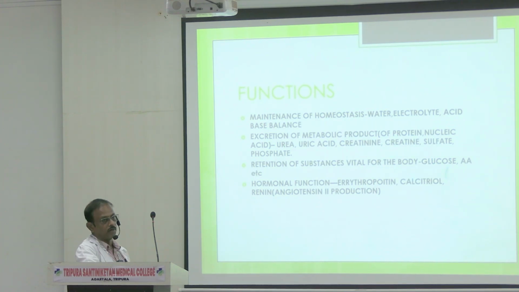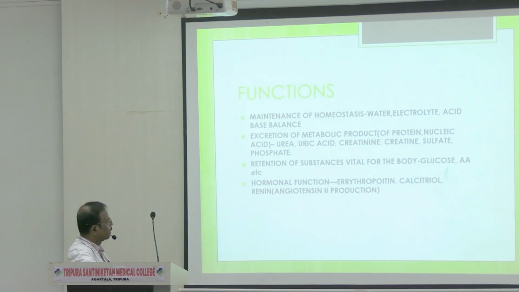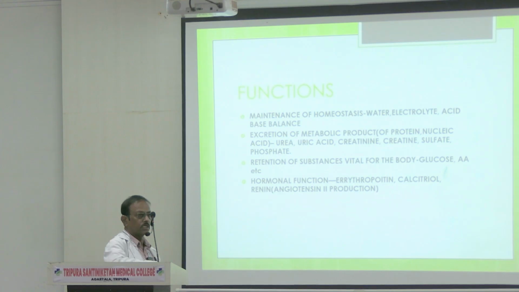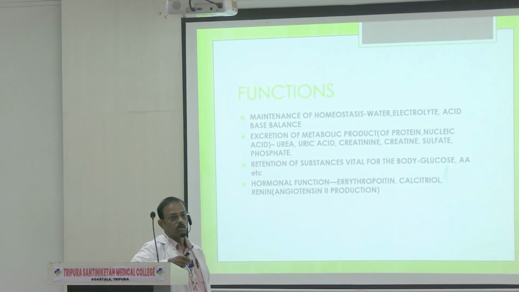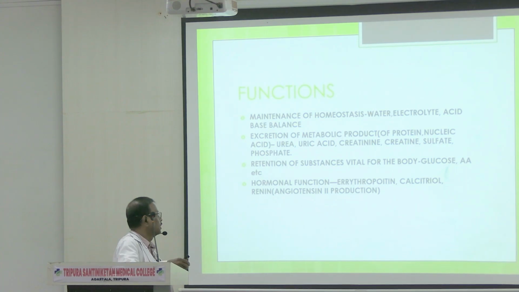Then it has hormonal function, secretion of erythropoietin, calcitriol, renin. These are the hormones secreted by the kidney. Erythropoietin is required for erythropoiesis, RBC development and maturation.